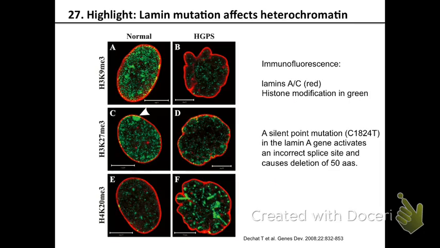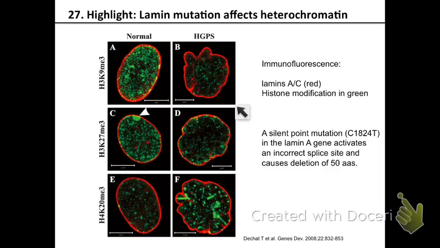One of the most drastic examples of this is the analysis of a mutation in the lamin protein. Okay? So what we're looking at here is another immunofluorescence experiment. In this experiment, instead of using antibodies that specifically bind to a protein, you're using antibodies that specifically bind to a histone modification, right?